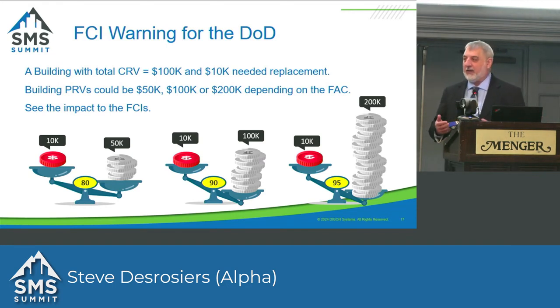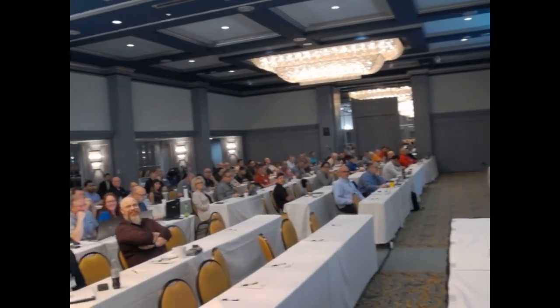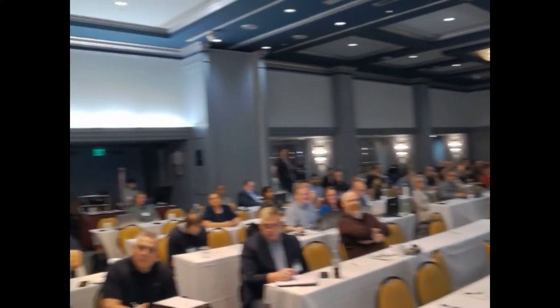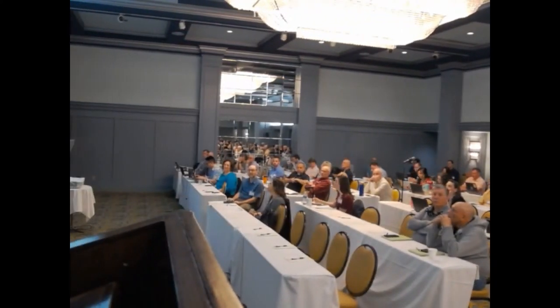Now, how many, okay, no more Simon Says, how many people think that that's two extremes and that 50% and 200% are the extremes of what we see in the DOD inventory? Yeah. Not many, because it's way worse than that. I have seen 10% of PRV and 30 times the CRV.